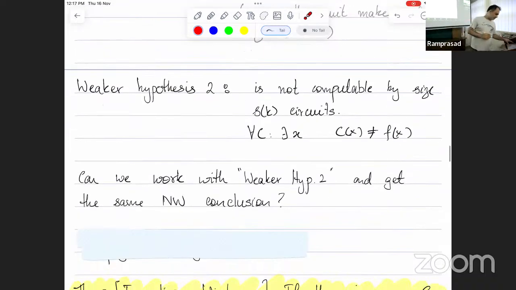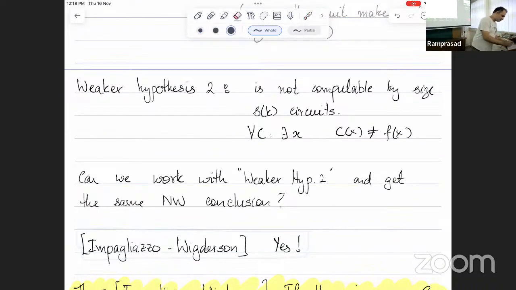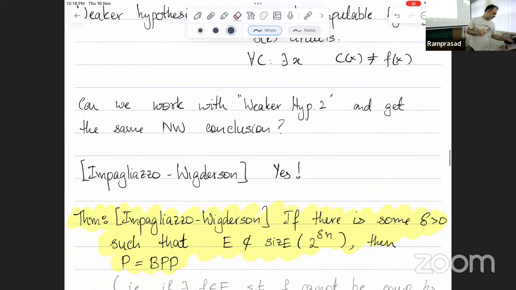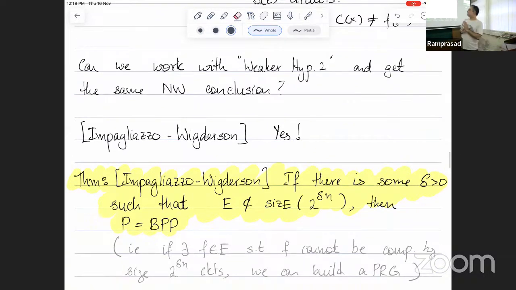Okay, and basically Nisan-Wigderson showed that the answer to this is yes. Actually, you can get the same conclusion from just the weaker hypothesis too. This is the theorem that says: suppose exponential time is not a subset of size 2 to the delta n.